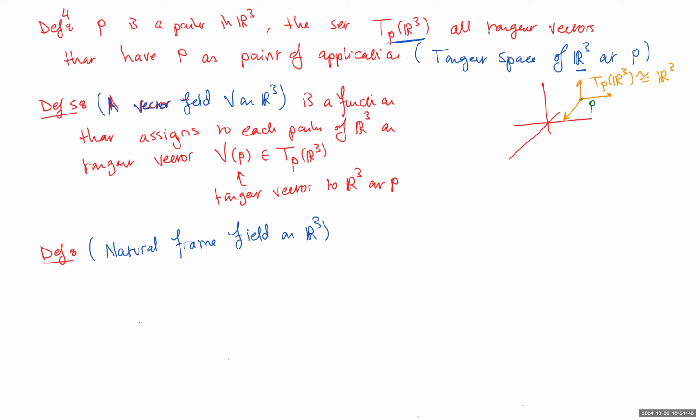So let's connect, just to remind you, vector fields in Calc 3. We used to write them as capital V of x, y, and then it will spit out a vector again.